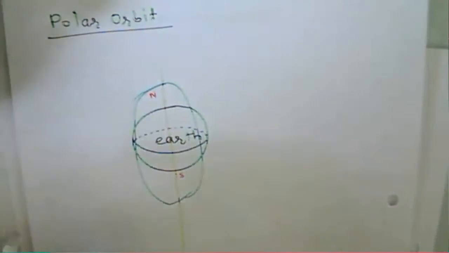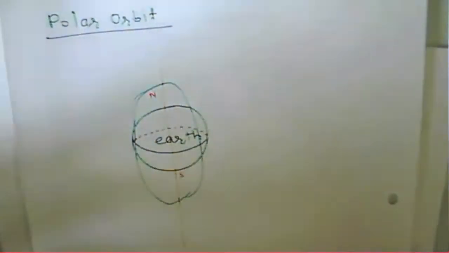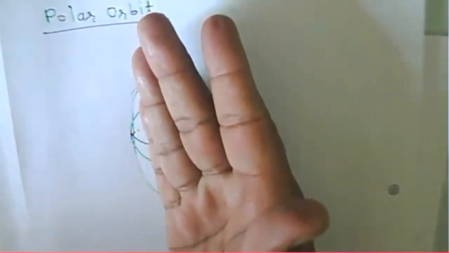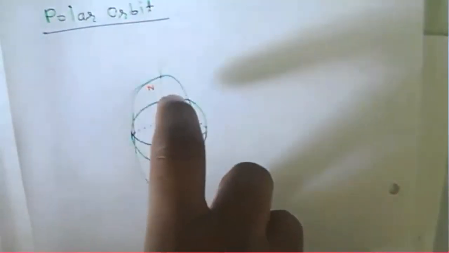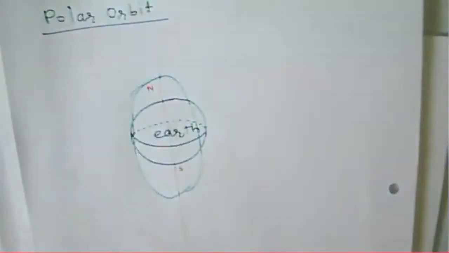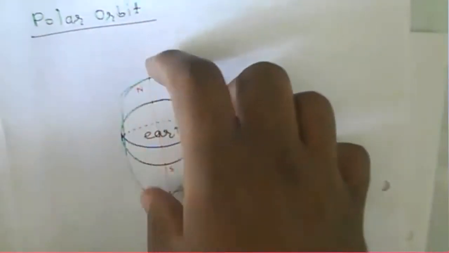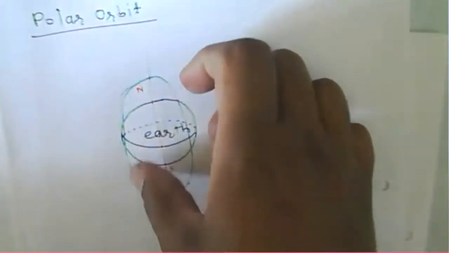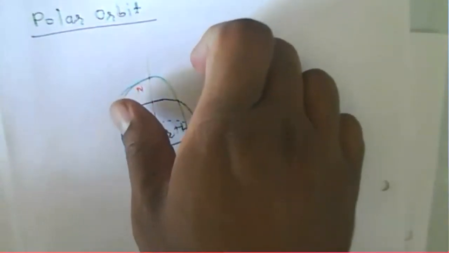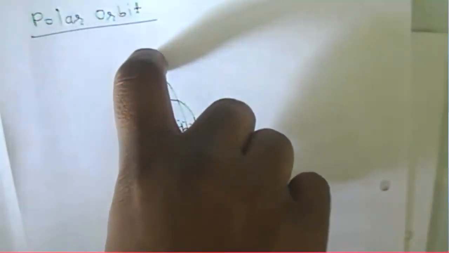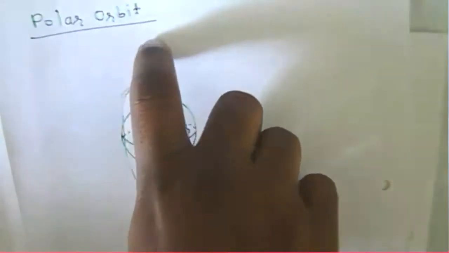This orbit of the satellite is inclined with the orbital plane at 90 degrees, meaning the inclination angle of this orbit is 90 degrees with respect to the equatorial plane. So the orbit is from north to south, over the poles.